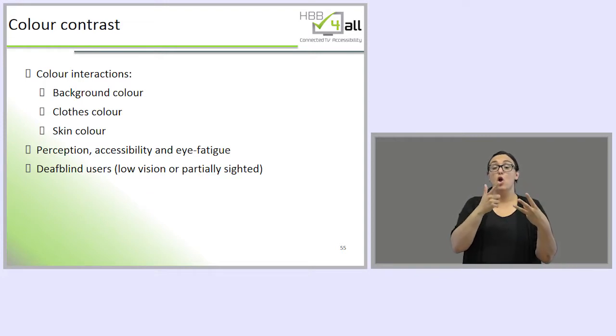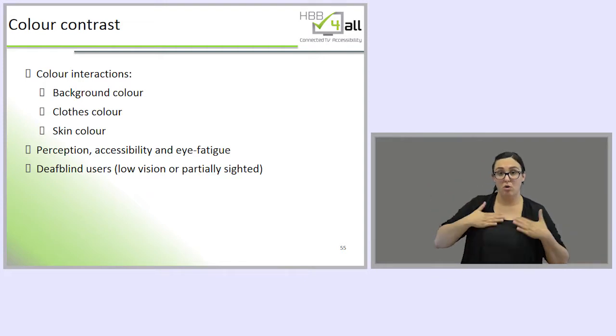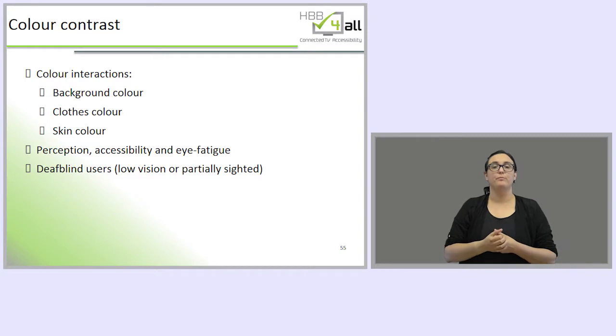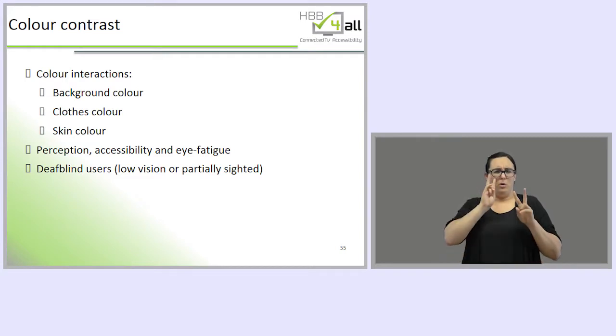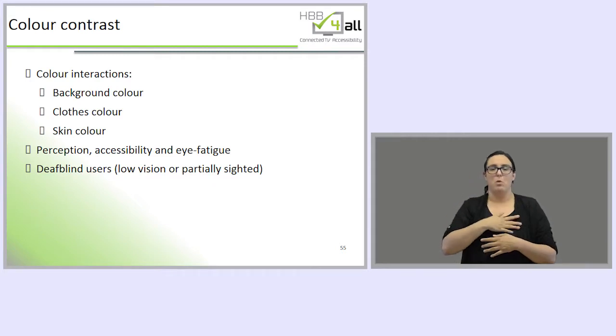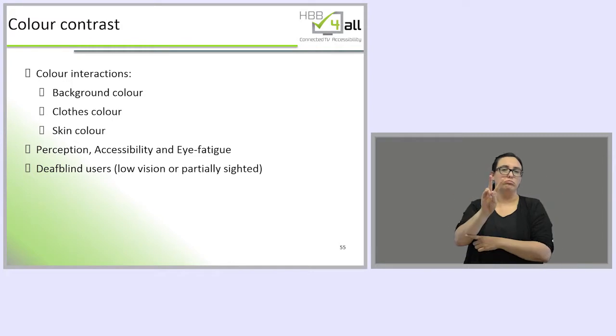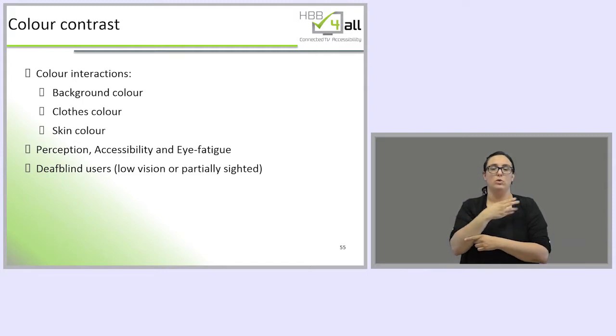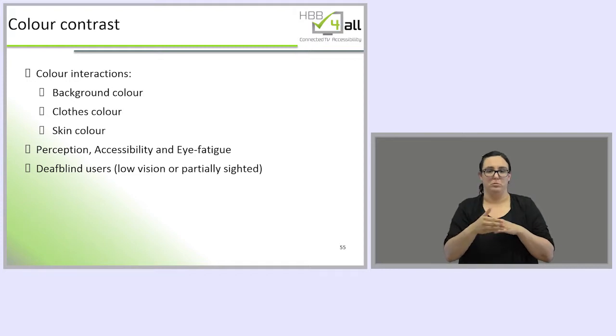That is the combination of colors between background color, the clothes color, and the skin color. And this can greatly affect perception, accessibility, or produce eye fatigue to the deaf viewers. And it is even more important when we're talking about deafblind users, that is, deaf users with low vision or partially sighted.